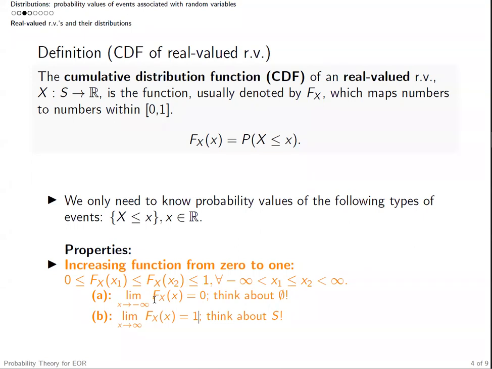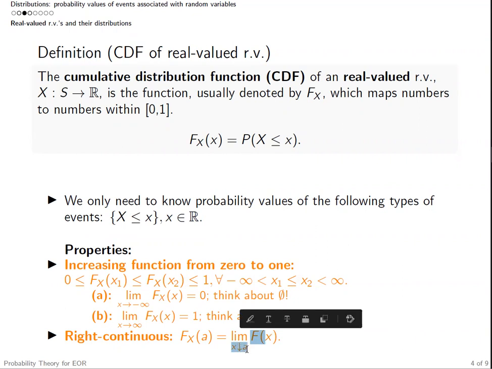The second one is a little bit abstract. It's called right continuous, which is F_X(a) is equal to the limit of F_X(x) as x decreases to a. All CDF functions are always right continuous.